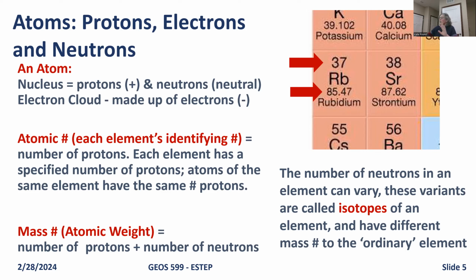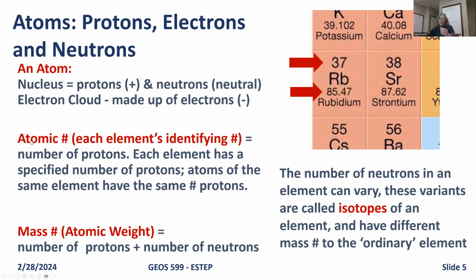All atoms of an element behave the same way, but we can predict how they're going to behave once we know the number of electrons. So that's just information on the number of protons and the number of electrons.